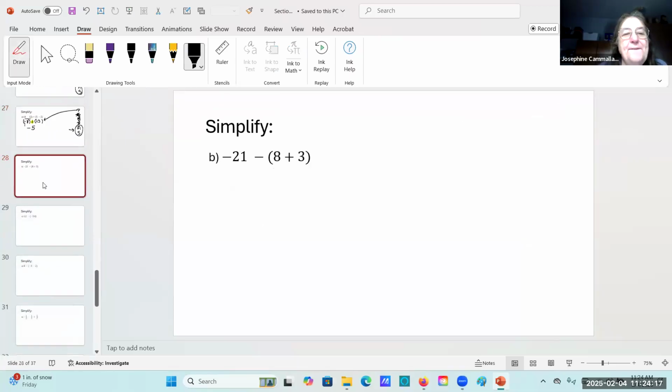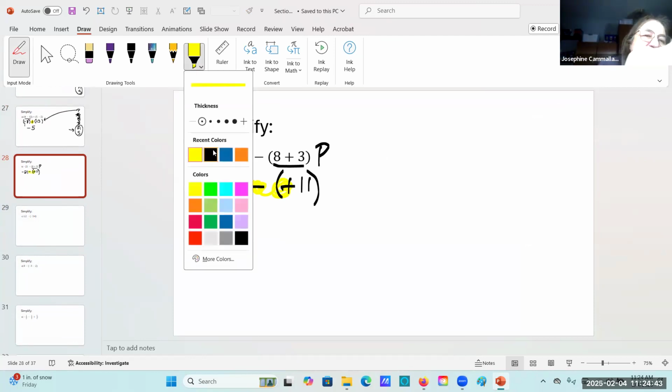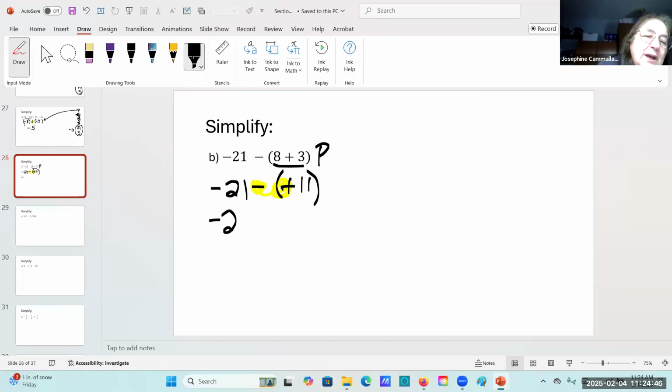Let's take a look at this one. Parentheses first. Negative 21 minus a positive 11, or positive 11. Remember what this means. This is saying negative 21, take the opposite of what's in the parentheses.